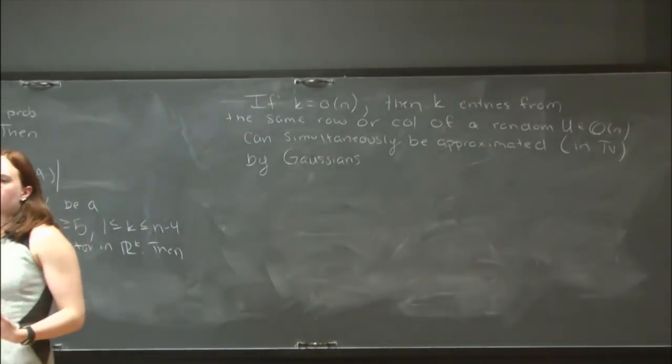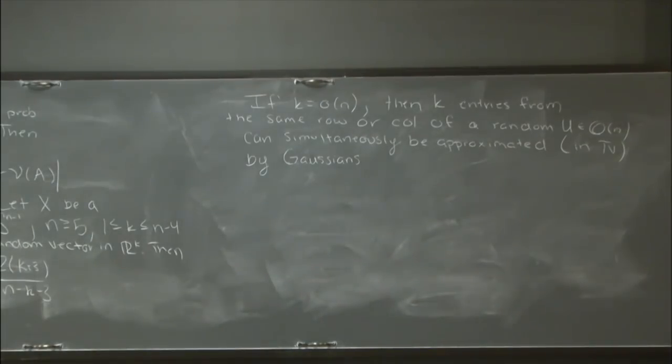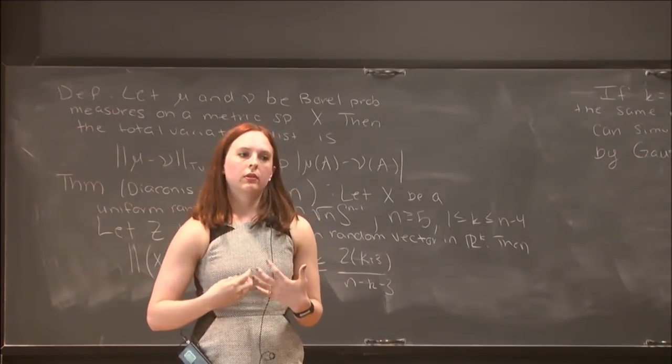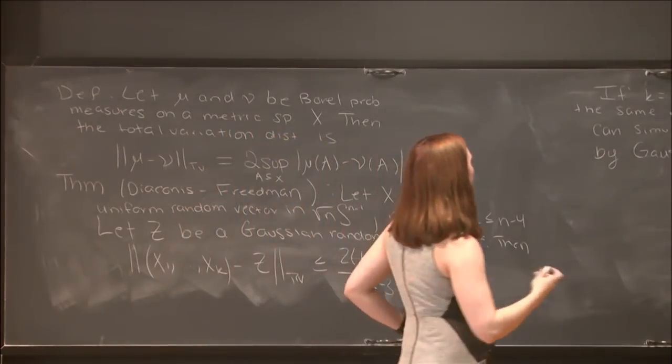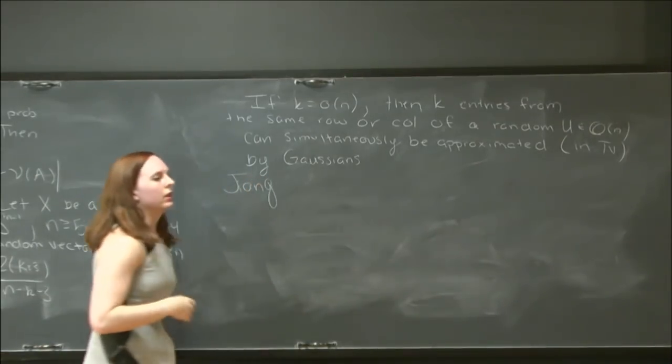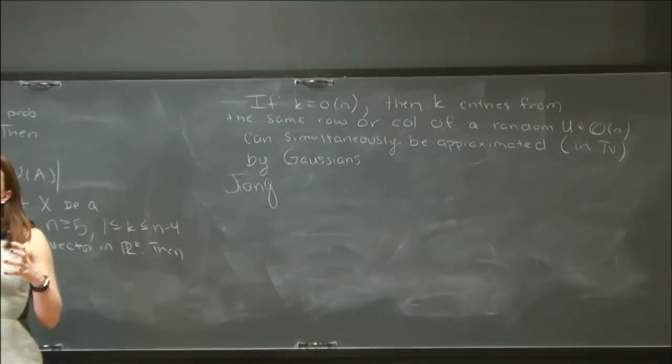And so this led Diaconis to ask the question, all right, how many entries can we really simultaneously approximate? Okay. This is something Diaconis himself, along with Eaton and Lauritzen, provided a partial answer to in the square case, but really Jiang gave the big result on the square case. Right?